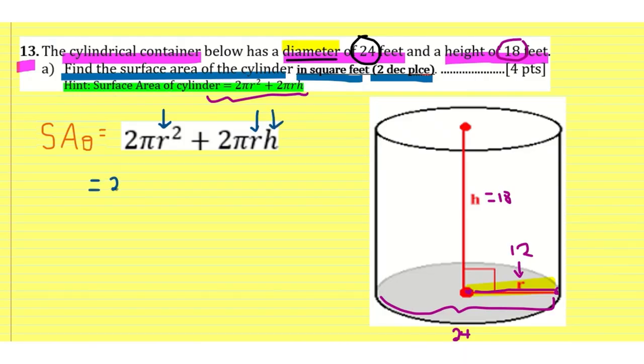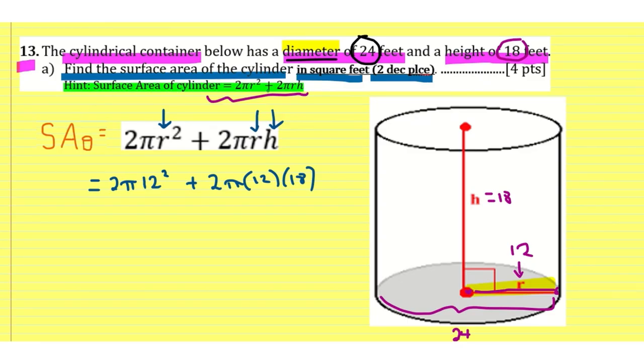We'd write that as 2 times pi. The radius we decided is equal to 12, so it's going to be 12 squared, plus 2 times pi times the radius of 12 times the height, which is 18. And so that is going to give us our total surface area for this cylinder.